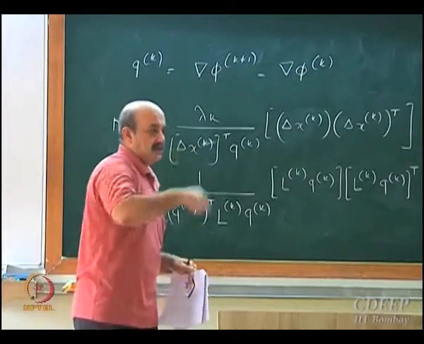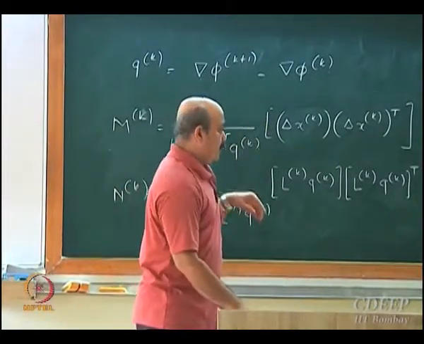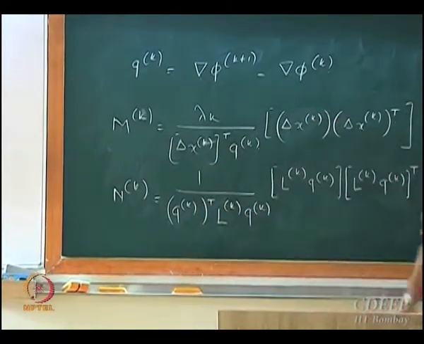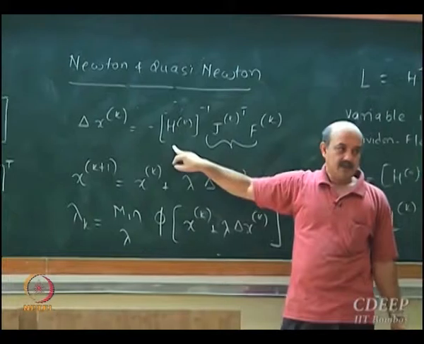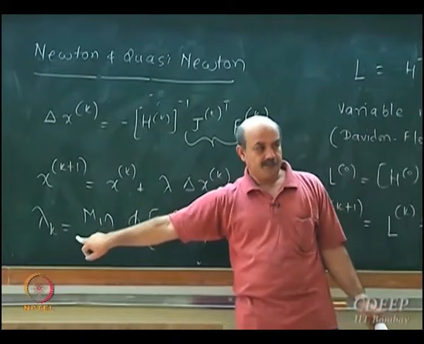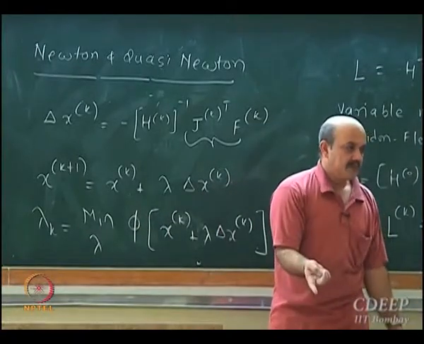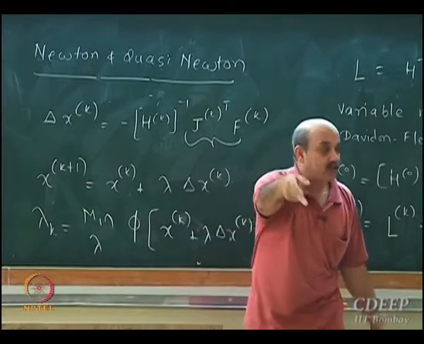See, the sequence is like this: you already have computed delta xk. You have then minimized and found out lambda k. Then you have found out xk plus 1. Once you have found out xk plus 1, now for the next iteration you are preparing.